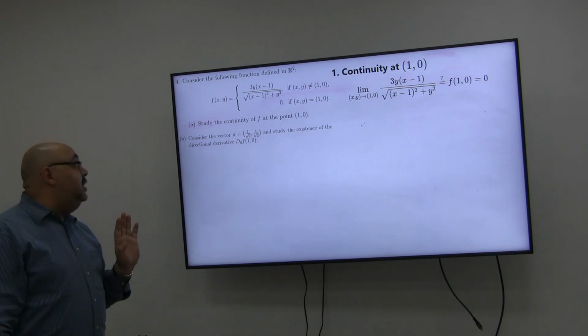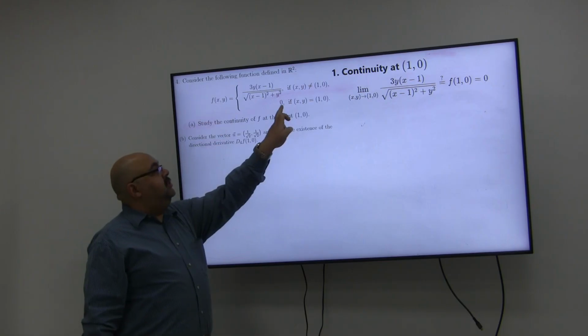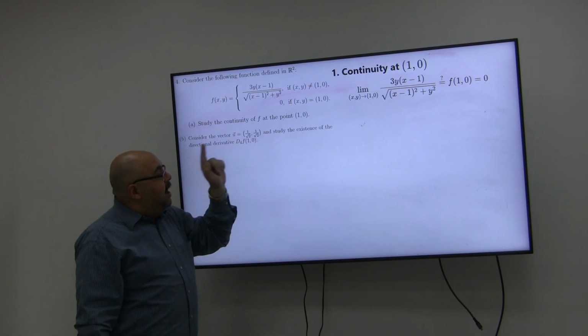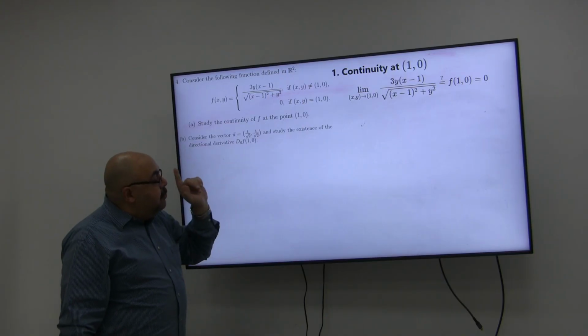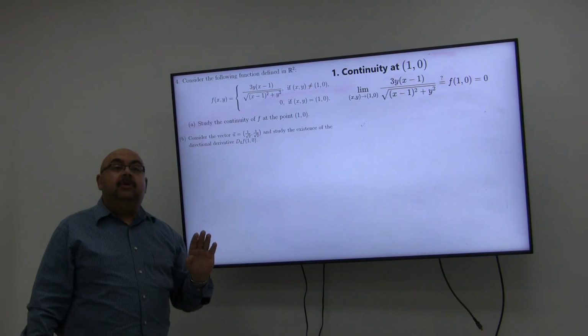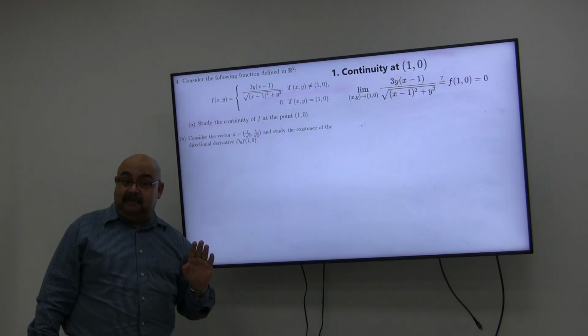The definition states that the value of the function is equal to 0. So all I need to check is that the limit as x, y approaches 1 and 0 should equal 0. So once more we get back to the limits.